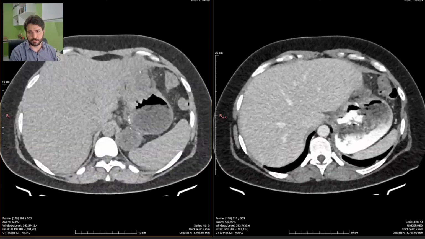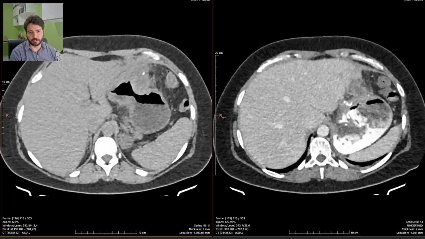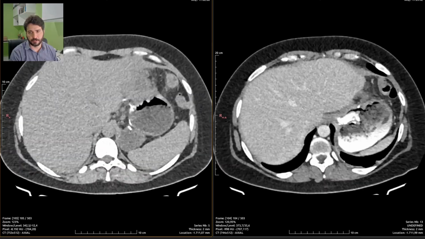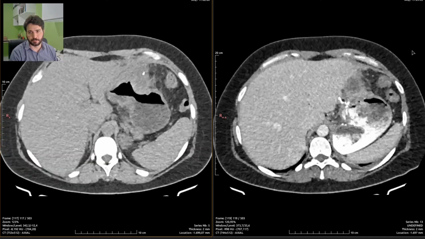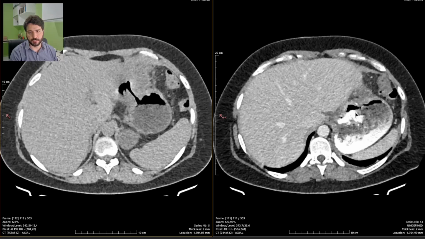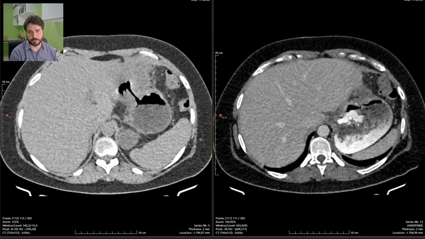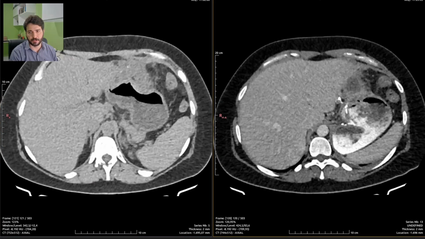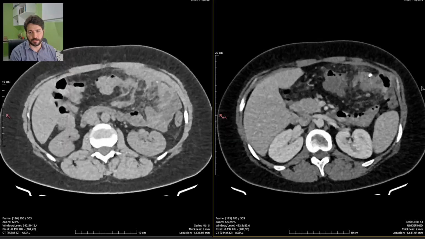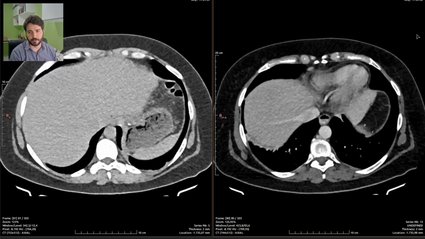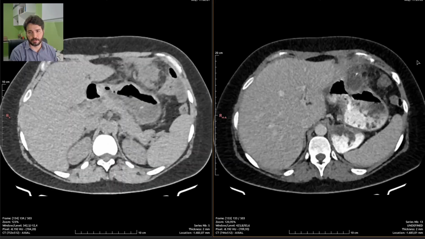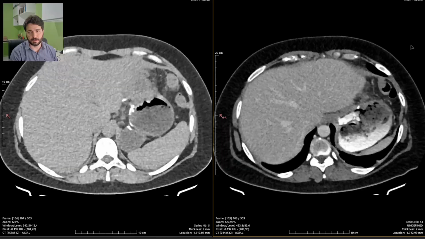This isn't good, really isn't good. I don't know what they gave the patient here, but there is some kind of attempted contrast enhancement of the gastric fundus and the anastomotic site.